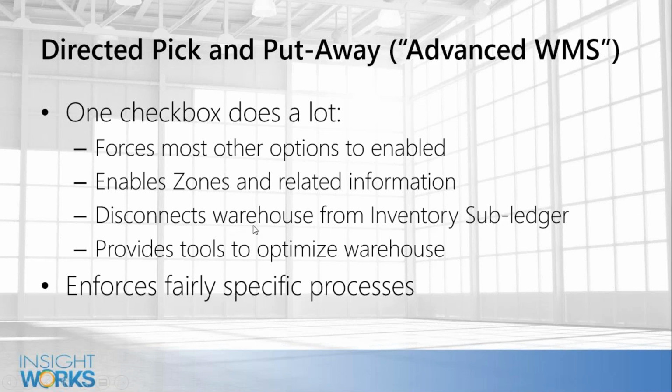This is another key point here. What it does is it disconnects your warehouse inventory from your item subledger, from your item ledger entries. What that means is I could negative adjust product out of my warehouse and my quantity on hand on the item card will stay the same because we are not updating that inventory ledger entry when we do that warehouse adjustment.